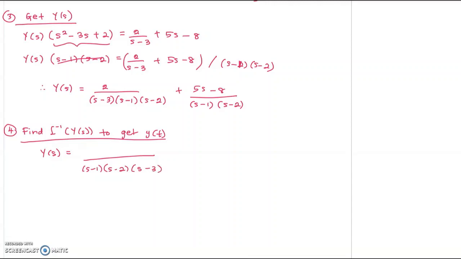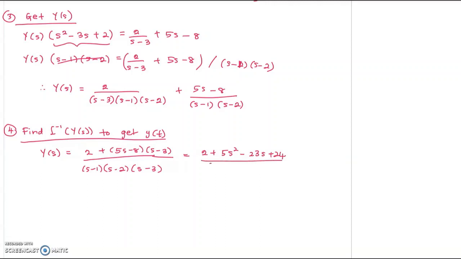So at the top we have 2 plus 5s minus 8 times s minus 3, which is 2 plus 5s squared minus 15s and minus 8s times minus 3 gives plus 24, so we have minus 23s plus 24.